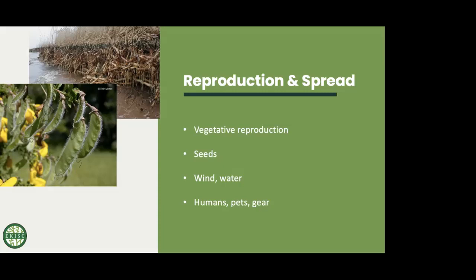Some examples of vegetative reproductive structures are rhizomes, which you can see in this top photo here. They're the underground stems. They're kind of a mix between stems and roots in plants. And then stolons, which are similar, but they're stems that run along the surface of the ground. And new plants can develop from either of these.